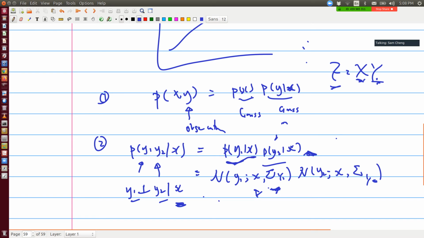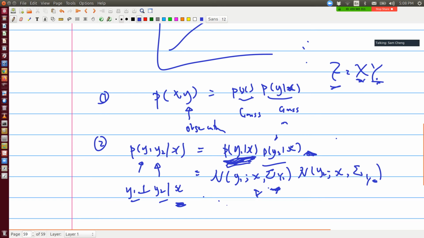This is the PDF of y1. As I mentioned in the example, it will have the mean of the ground truth. I'm trying to make an observation with some equipment, maybe measuring some voltage.